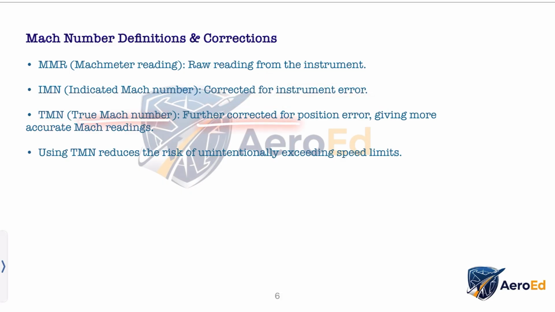This is further corrected for position error, so this gives more accurate Mach readings. So indicated Mach number is corrected for instrument error and true Mach number is corrected for position error. True Mach number is more accurate, and it reduces the risk of unintentionally exceeding speed limits.